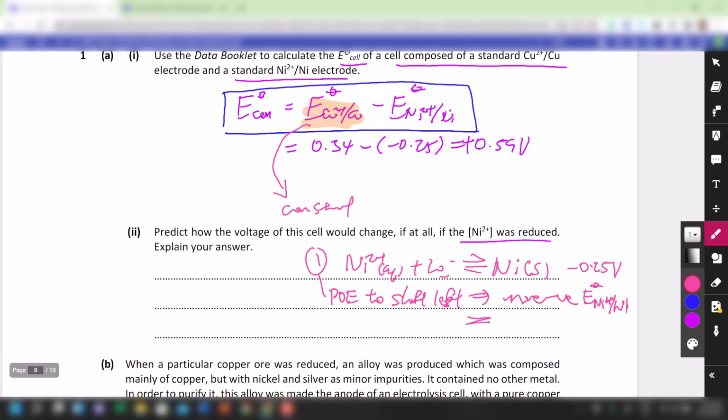Then this will result in a more positive E cell.